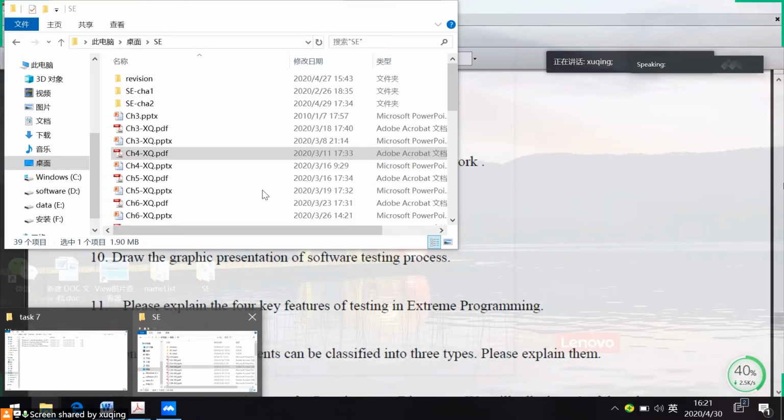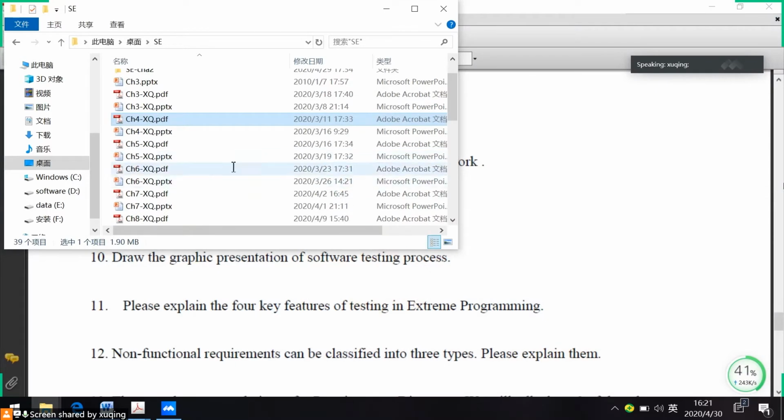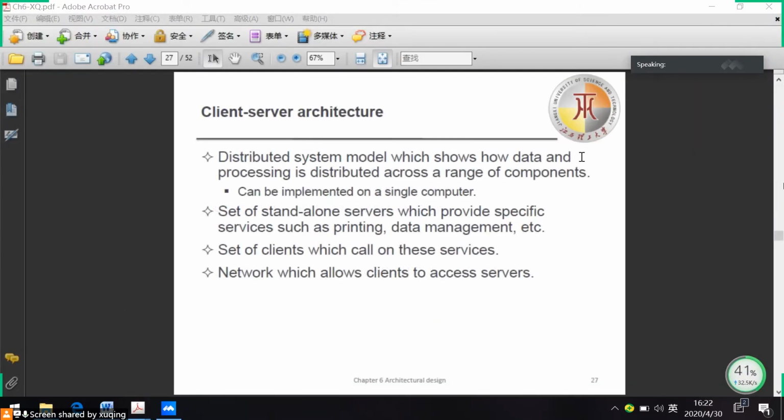As we say in the 6th chapter, here we have listed these 3 major components. Can you list them here?